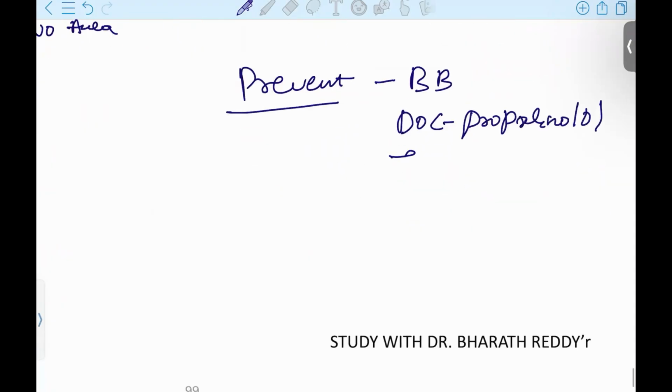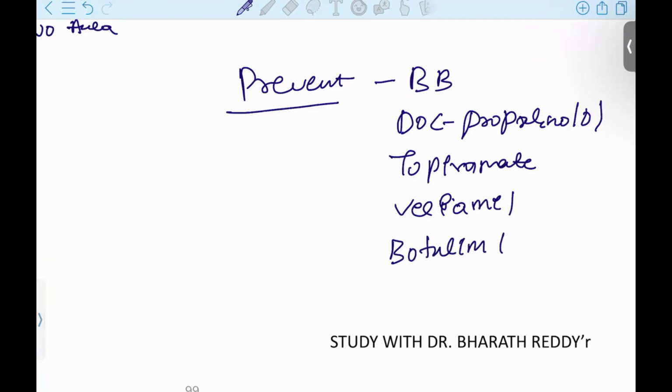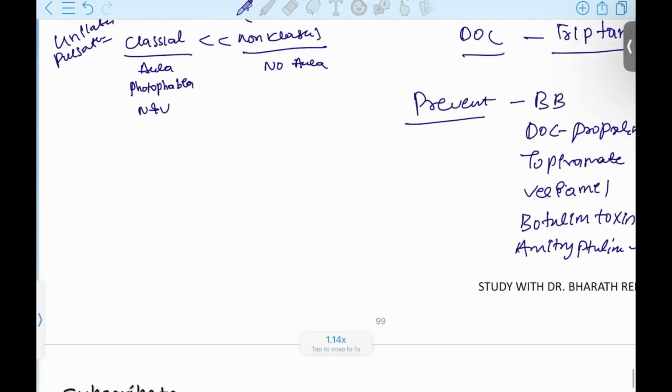Okay, or topiramate, verapamil, botulinum toxin, and amitriptyline. Okay, these are the drugs that can be given for migraine patients.